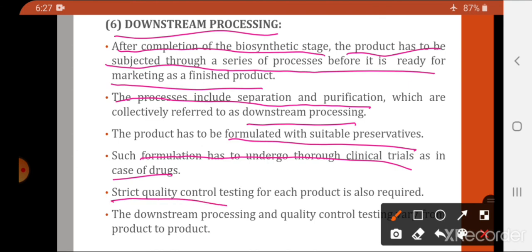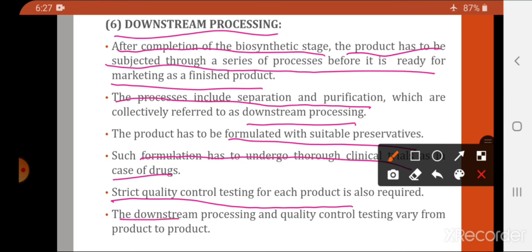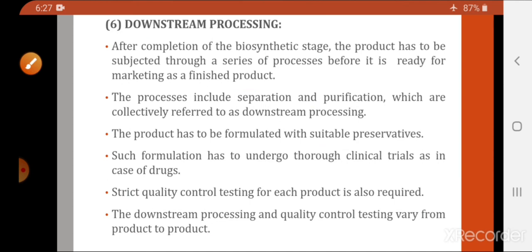Strict quality control testing of each product is required. The downstream processing and quality control testing vary from product to product. जो भी प्रोडक्ट है उसके हिसाब से प्रोसेसेस वेरी होती है.